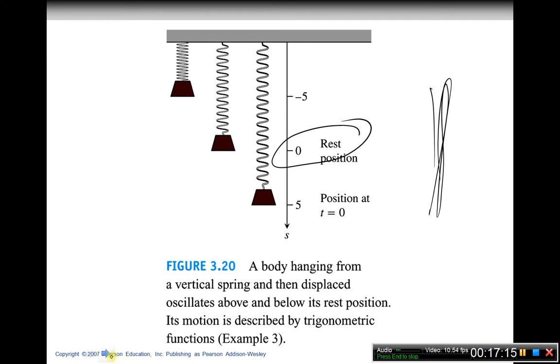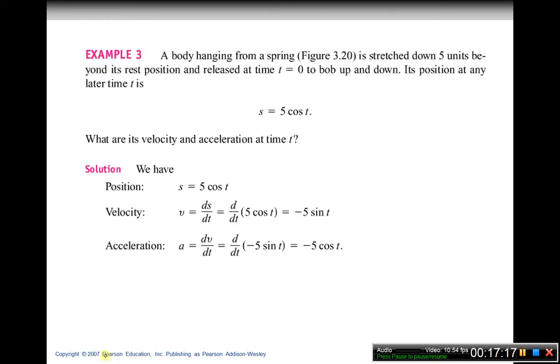So on the next page, we've got an equation s for the position of the body, which is 5 times cosine of t, and we're asked what are its velocity and acceleration at time t.